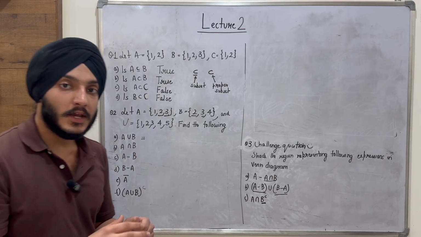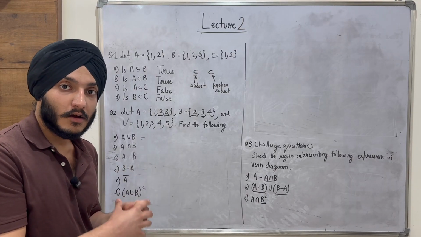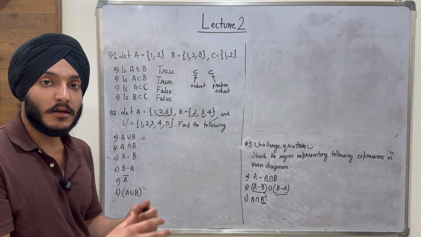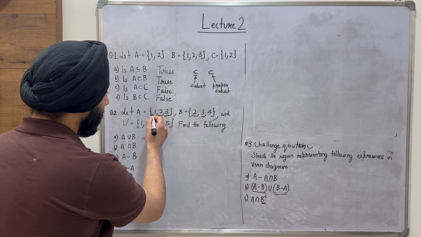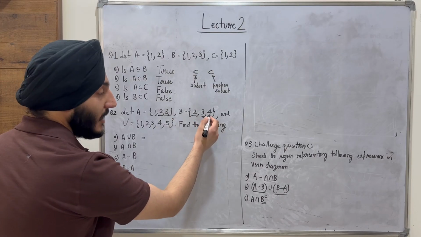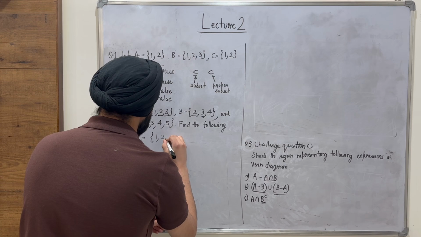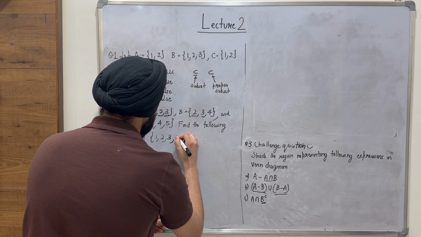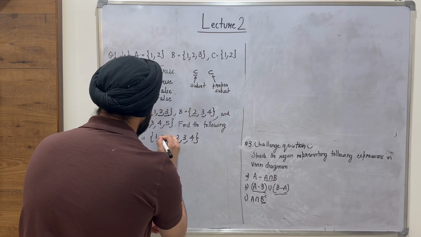What is A union B? A union B basically means all the elements of A or B combined together in a single set. So it's going to be all the elements in A and all the elements in B, which is 1, 2, 3, 2, 3, 4.